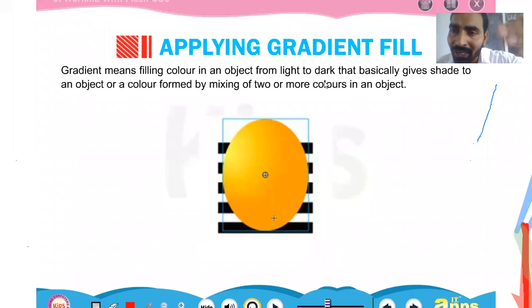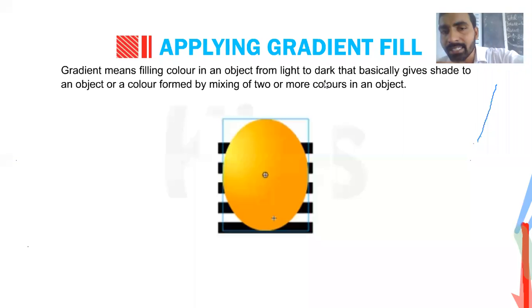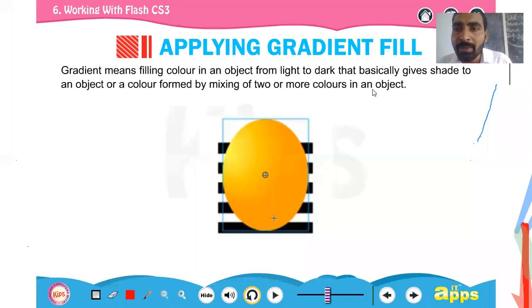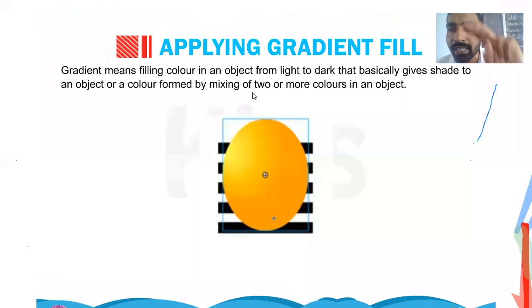Light to dark means one side is lighter, another side is darker, and that basically gives shade to an object, or a color formed by mixing two or more colors in an object.